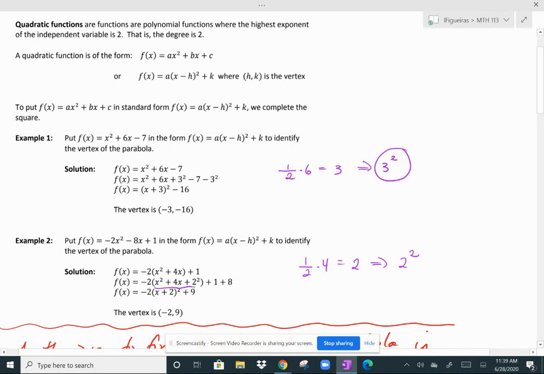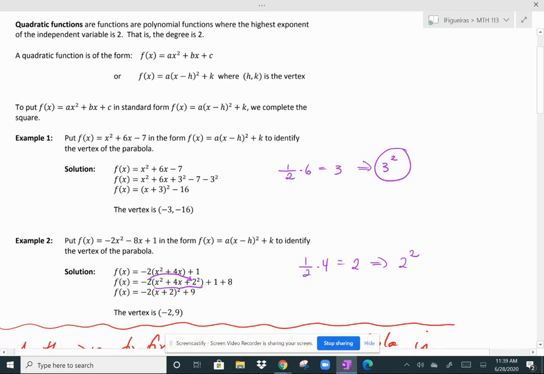Notice that here I didn't subtract 2 squared the way I did in the last example, because this actually isn't 2 squared. If you were to distribute this negative 2 across, negative 2 times 2 squared is minus 8. Remember, the net result of what you add or subtract has to be 0.